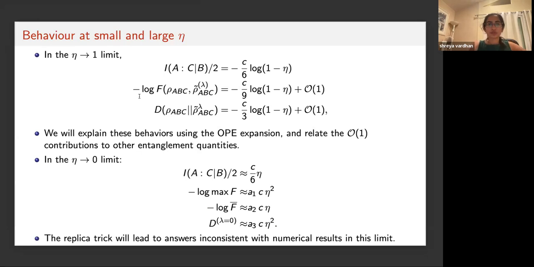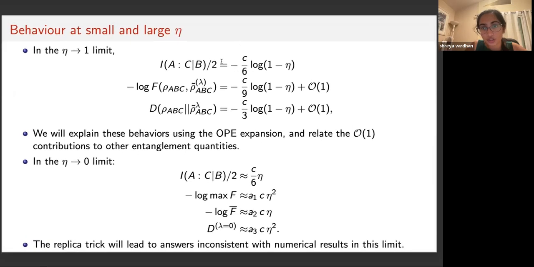Okay, so just to summarize, in the eta going to 1 limit, from the general formula, this is what the conditional mutual information looks like. It has some divergence as log of 1 minus eta, with this coefficient. The fidelity has a different coefficient in this limit, and also some order 1 and higher order corrections.